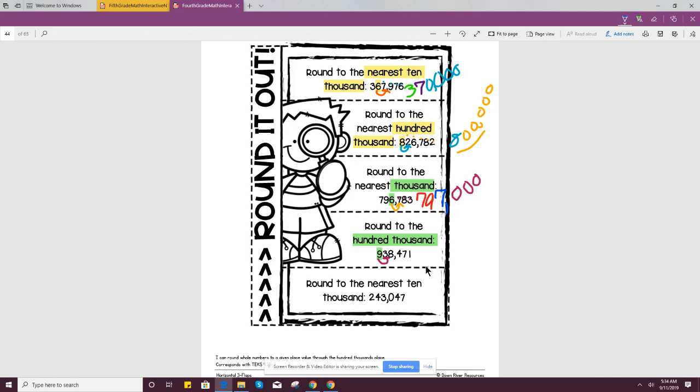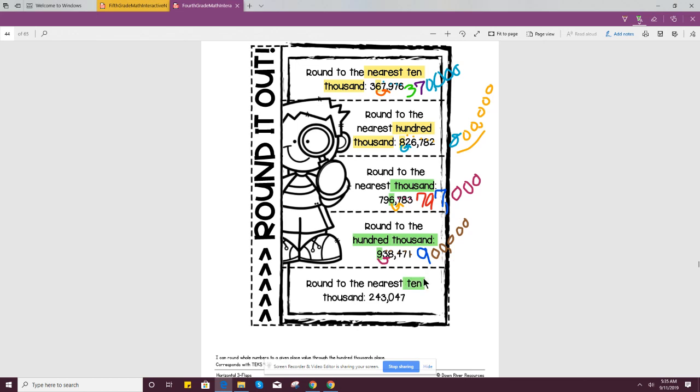No. That's 4 or less. So since it's 4 or less, 9 gets to rest. So that digit will rest at 9. Everything else behind it turns to zeros. Ta-da! And one more and you're done.